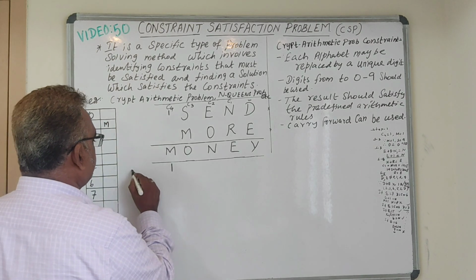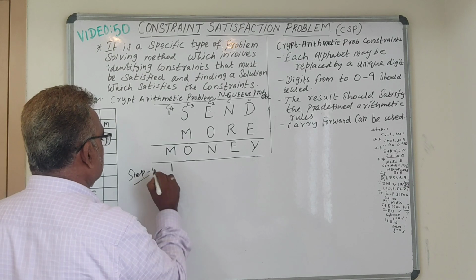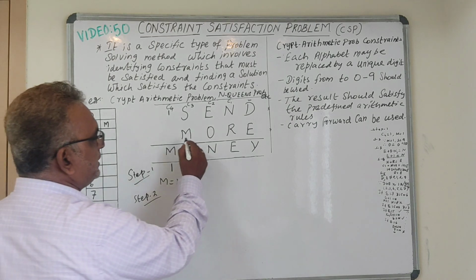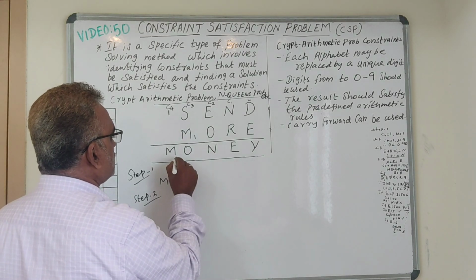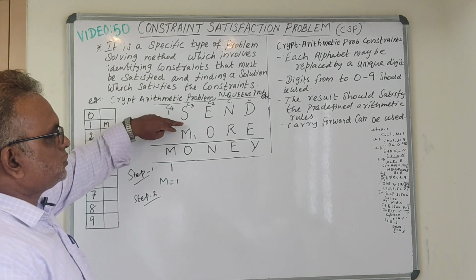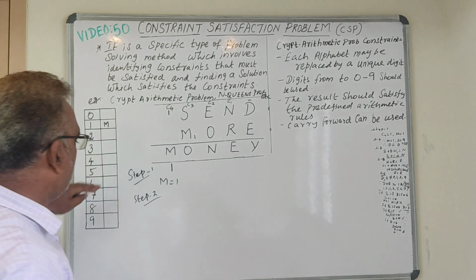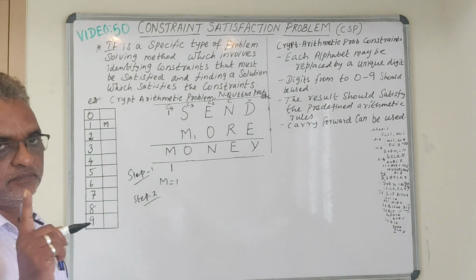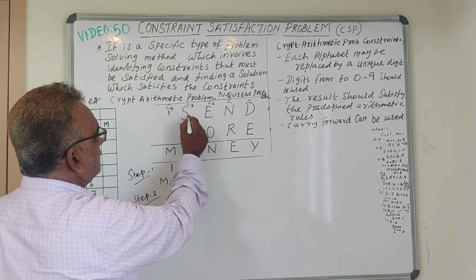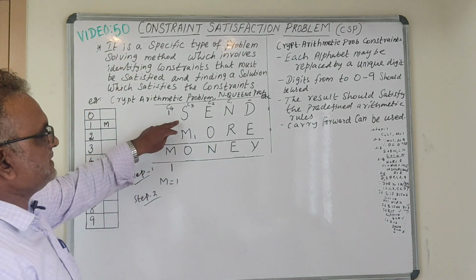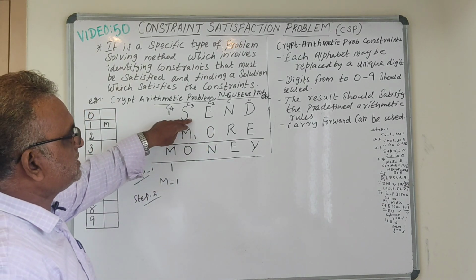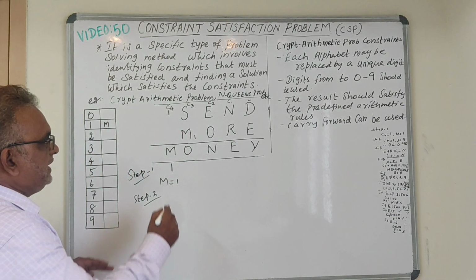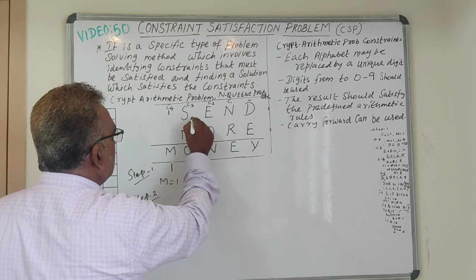So that is step number 1. In this case, we found that the value of M is equal to 1. In step 2, as I said, if M is equal to 1, there is a maximum possibility of selecting a number in order to get a carry. It is nothing but 9. If S takes the value 8, you will get 8 plus 1, only 9, but we need a carry. So definitely S must be 9.